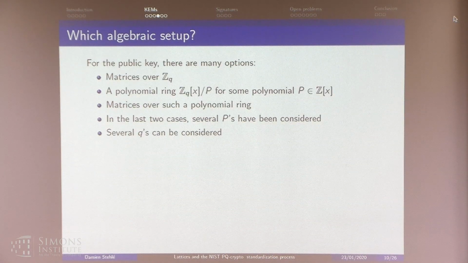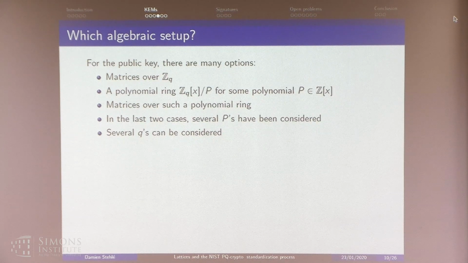Okay, so then which algebraic setup? We can take matrices over Z_q. That's one choice. We can take a polynomial ring, Z_q[x] mod p for some polynomial p. We can take matrices over a polynomial ring. In the last two cases, you can take different polynomials p, and there have been several proposals and even controversies on how to choose p.